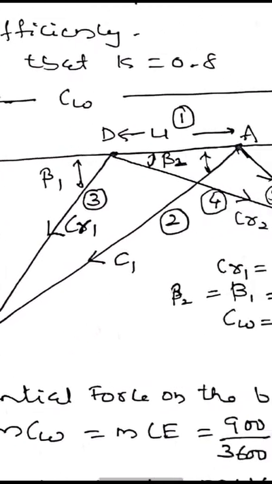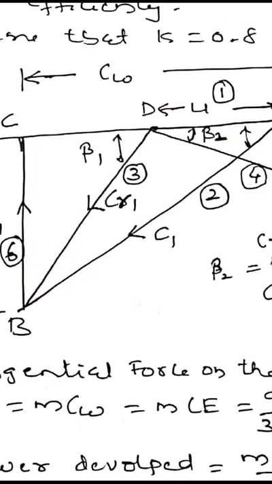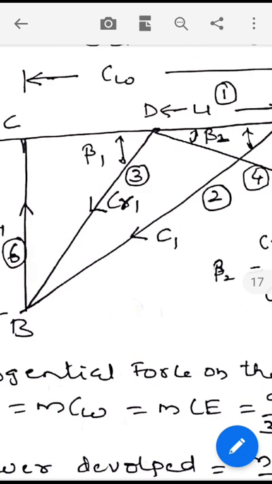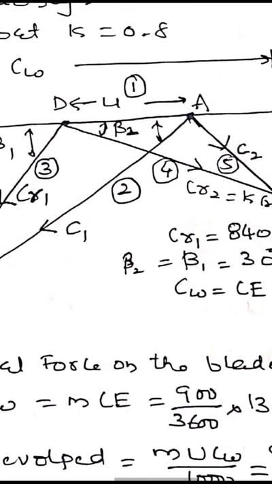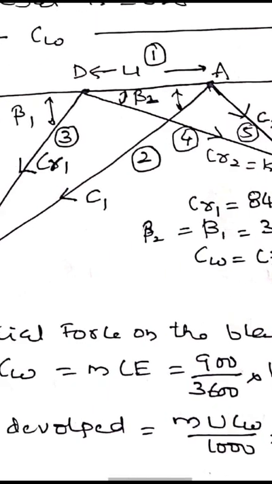Then join BD. BD gives Cr1, and the angle made by Cr1 will be beta 1. Measuring from the diagram, Cr1 is 840 meters per second and beta 1 is 30 degrees.